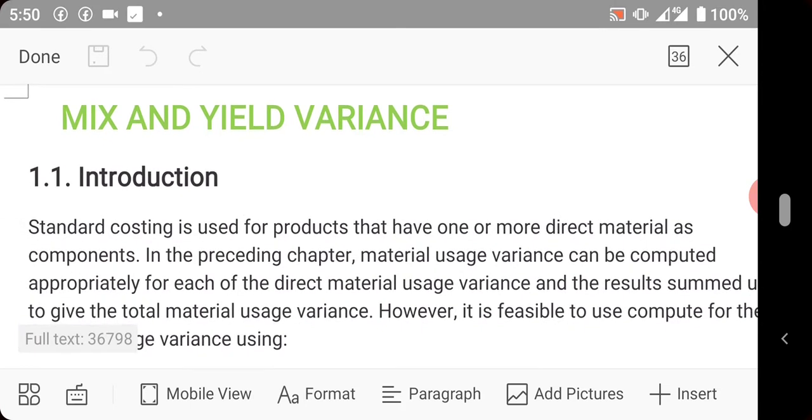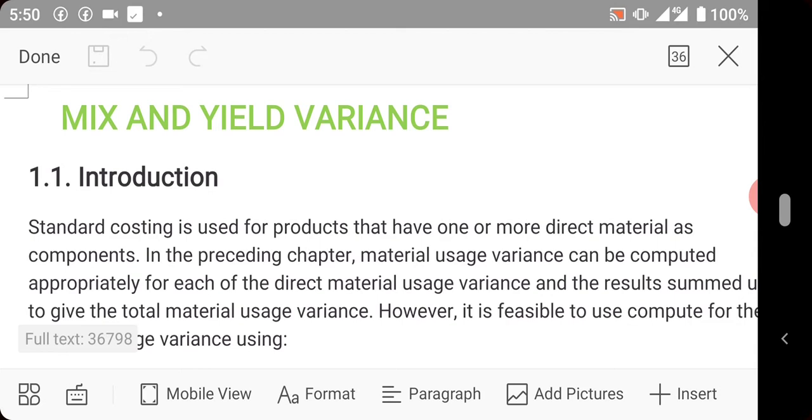So, mix and yield variance. Now you know material usage variance that we discussed in variance analysis. Material usage variance measures the difference between the standard quantity minus the actual quantity times standard price.